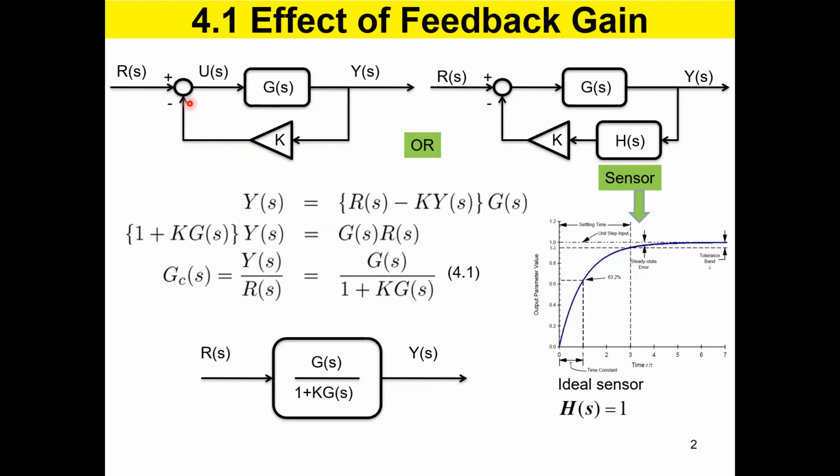Then over here I have this new part coming in, the summing point, where I have a reference input now. It is not the previous reference input, but a new one, which is actually the desirable response, as the reference input here.